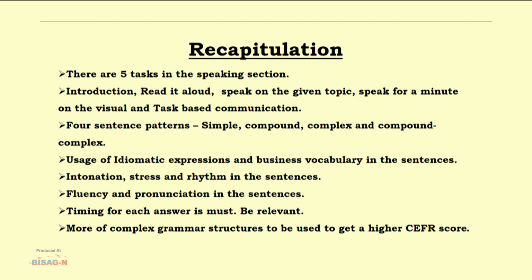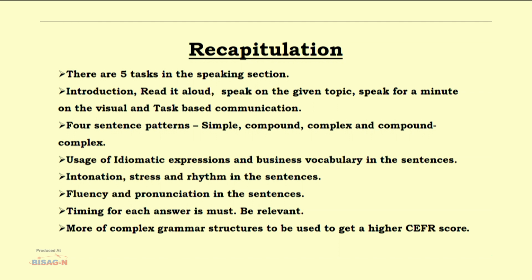Now, the major point to keep in mind is that the timing for each answer is limited, ranging from task 1 to task 5. The timing will be 10 seconds to 1 minute. Candidate gets 10 seconds to answer the questions and 1 minute for the extended tasks.